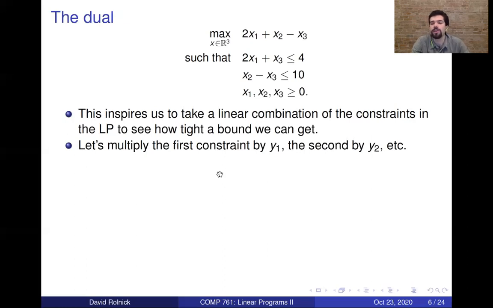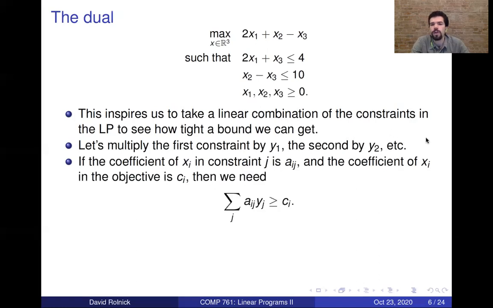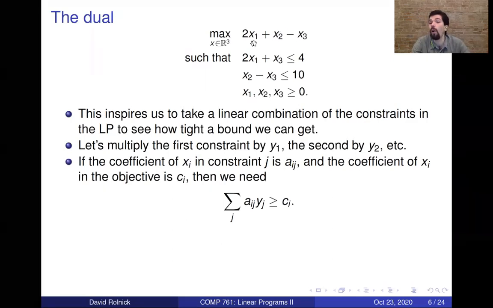What are we trying to do? Well, we're trying to multiply this constraint by y1, this one by y2, and so on. And what we would like is that the coefficient on x1 from combining this is going to be at least the coefficient on x1 here. Likewise, we want the coefficient on x2 from summing these two to be at least the coefficient in the objective function, and so on for all of the variables.